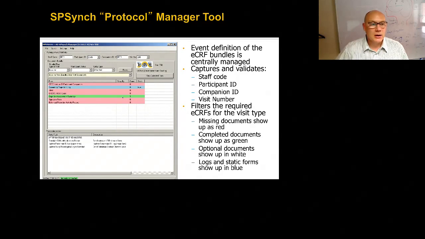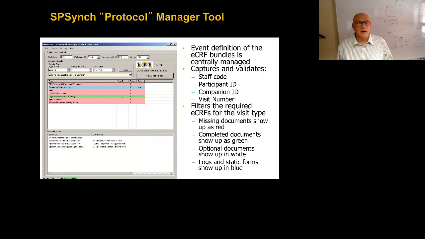For example, your gender is only part of the demographic that's asked at the baseline visit. At subsequent visits, we do not ask what your gender is. We have to have a system that can dynamically change what data is collected from each of the sites.